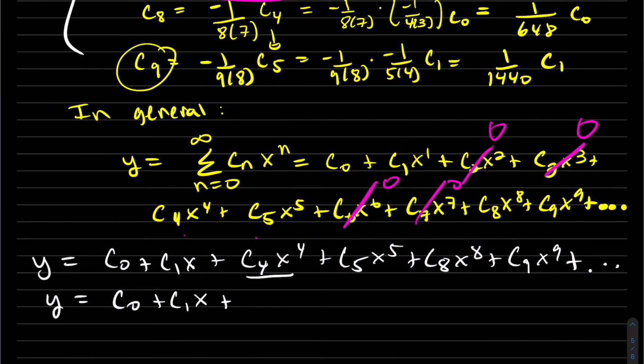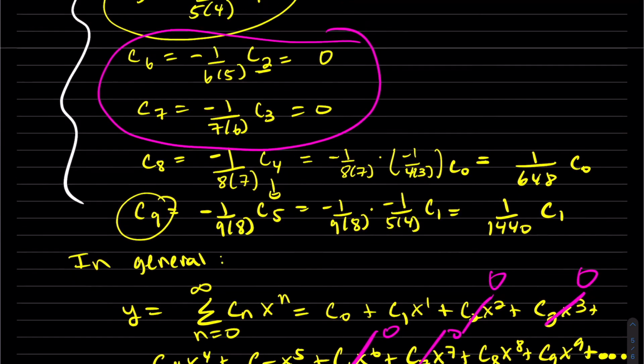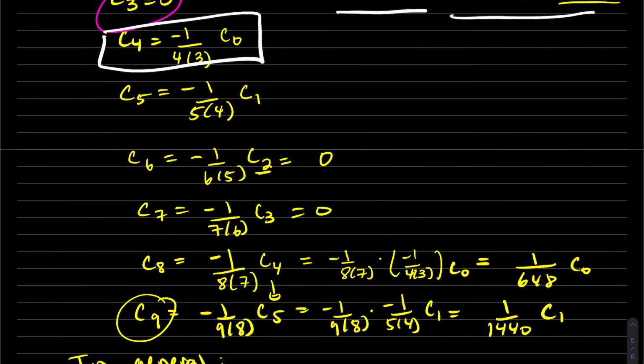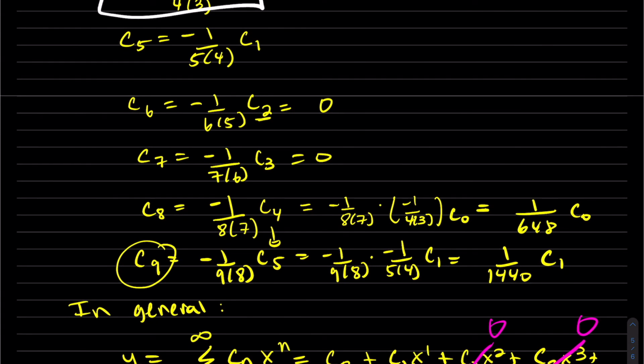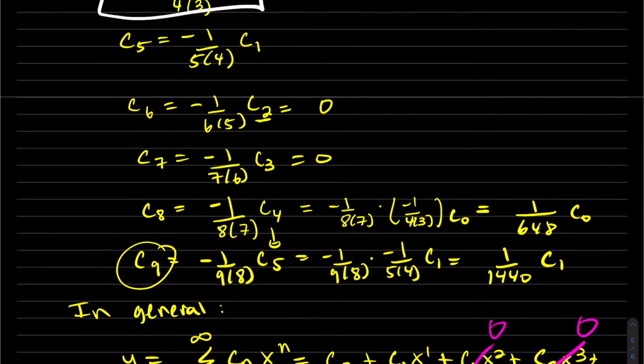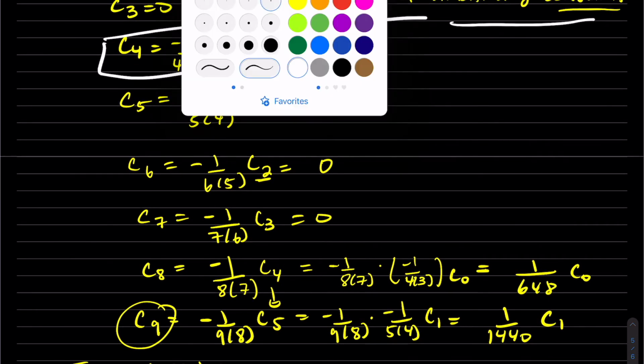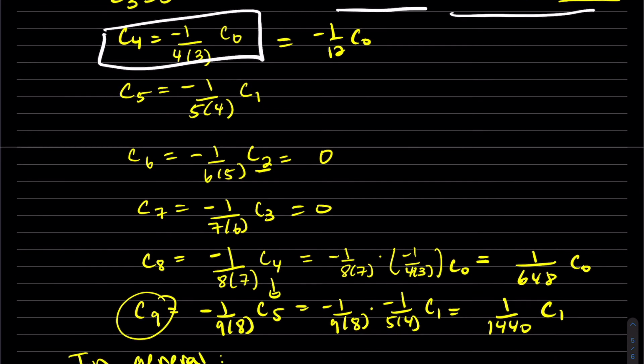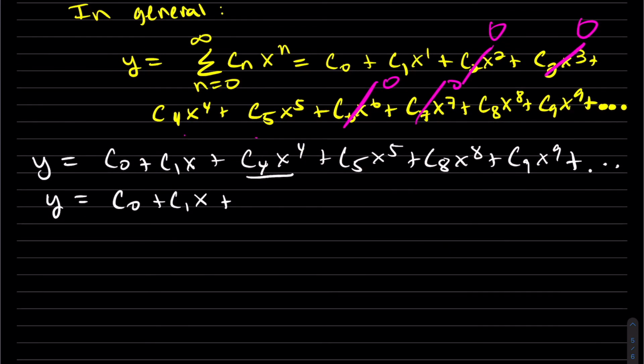Now C4, just C4 that I found. This is C4. I replace C4 with minus 1/12 C naught, that's my C4, and then times my x to the 4th.